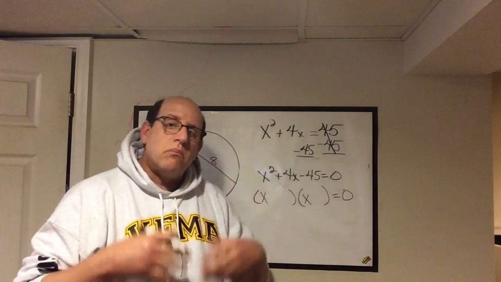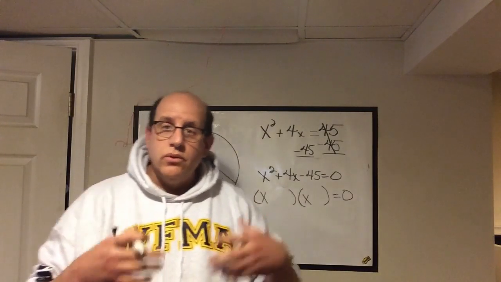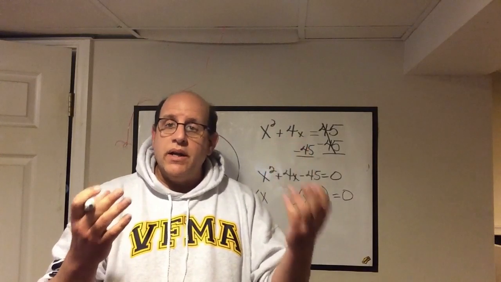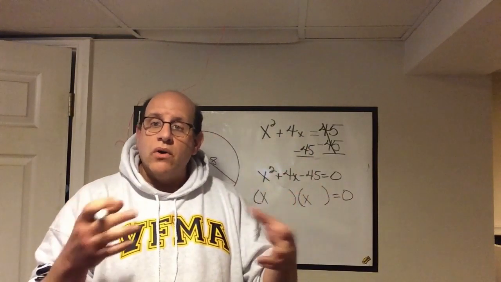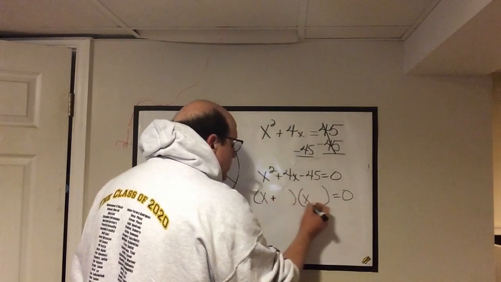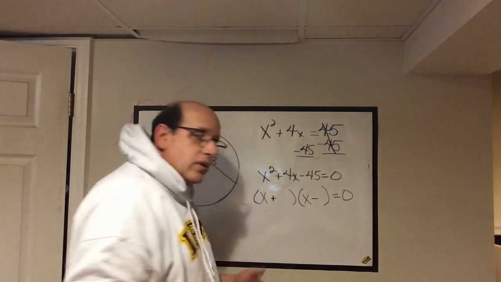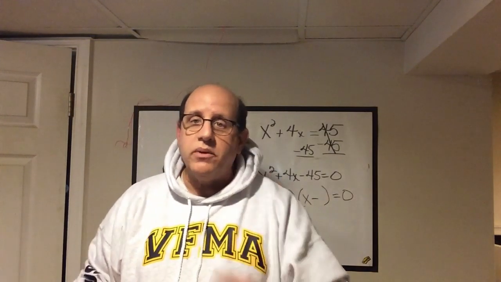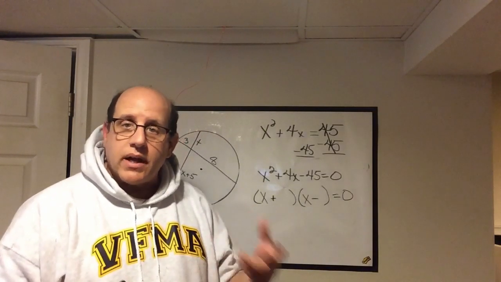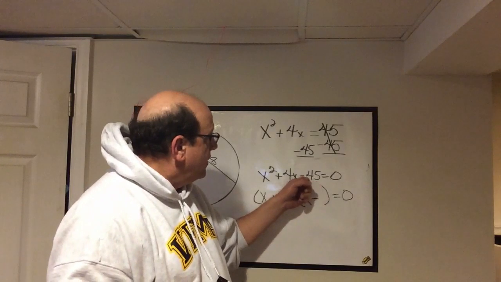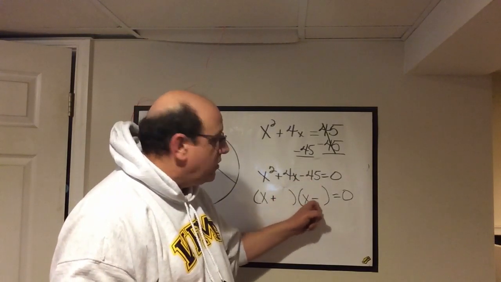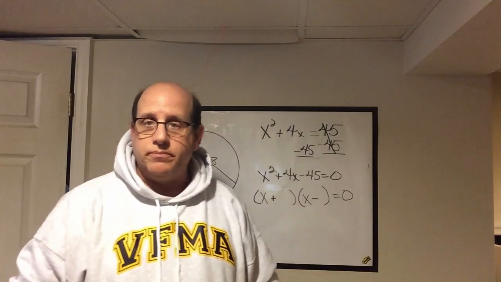And the only way to multiply two different values and get a negative is to multiply a positive and a negative. So we know for a fact that there's going to be one addition symbol and one subtraction symbol. If you need to go back and listen to me say that again, please stop the video, go back a little bit, and have me say that again. If this is negative, then inside these parentheses has to be one of each operation symbol.